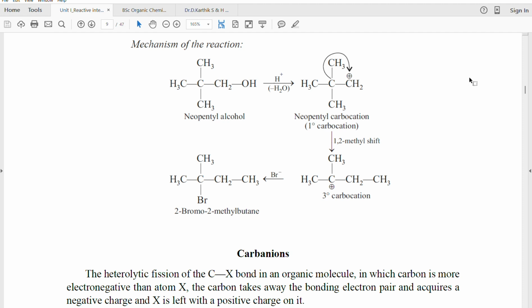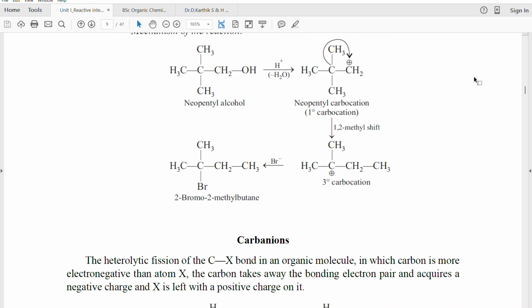After the generation of the carbocation, we saw the reactions of carbocations: Friedel-Crafts alkylation, Friedel-Crafts acylation, the pinacol-pinacolone rearrangement, and the Wagner-Meerwein rearrangement. So this is the simplest thing we have seen for the carbocation intermediate.